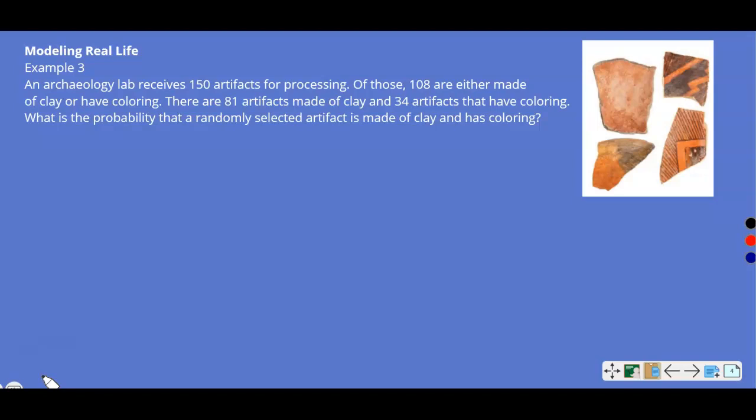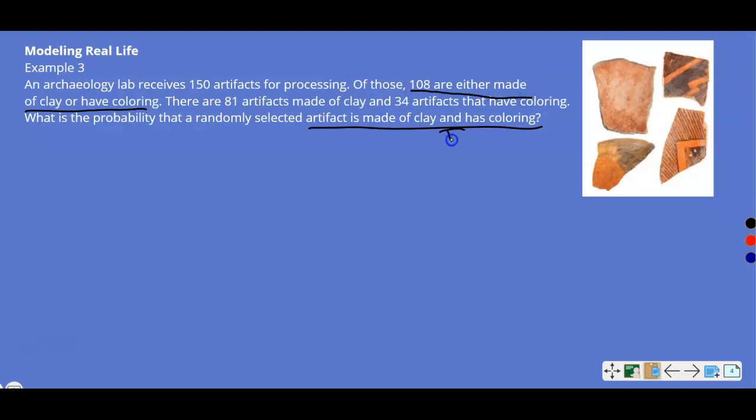All right, so the end result is an artifact made of clay and has coloring. So let's start by looking at what we actually have. We've got 150 artifacts. Of those, 108 are made of clay or have coloring. So that's an or statement.